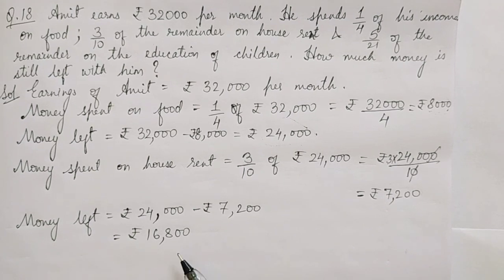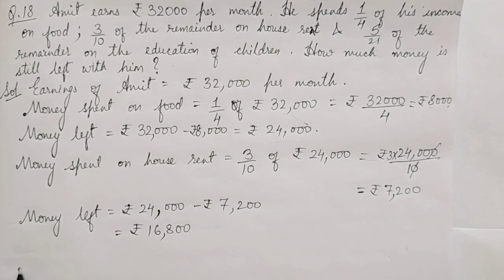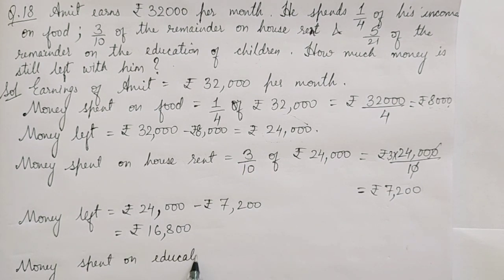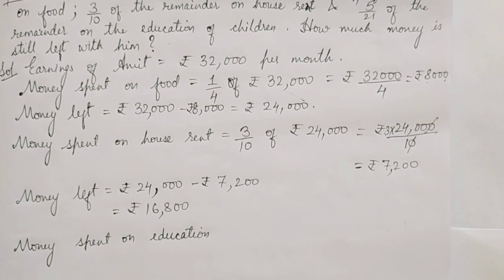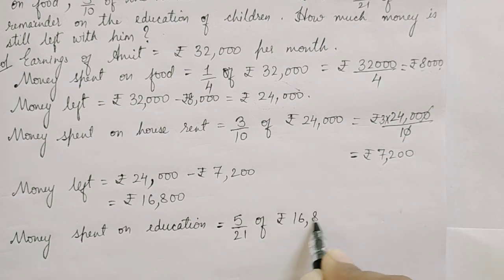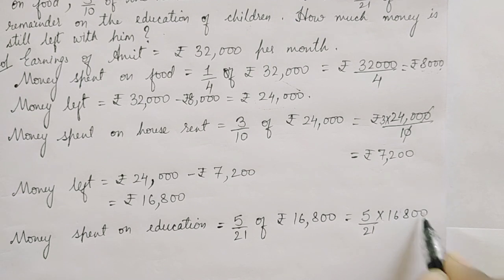Now out of this 16,800, he is spending money on education of children. So money spent on education is equal to 5 by 21 of rupees 16,800, that is 5 by 21 into 16,800 rupees.